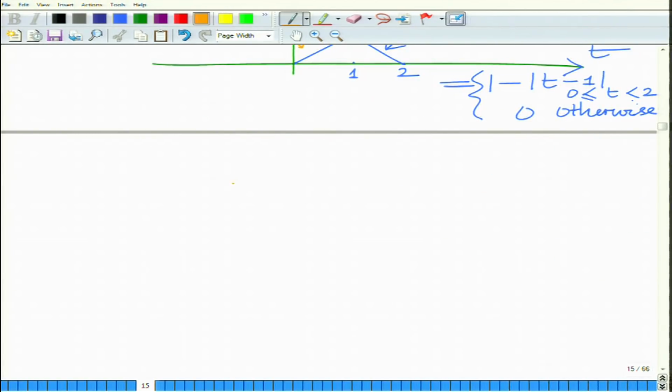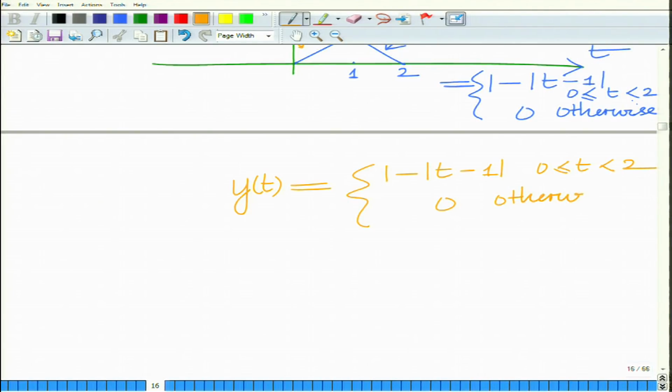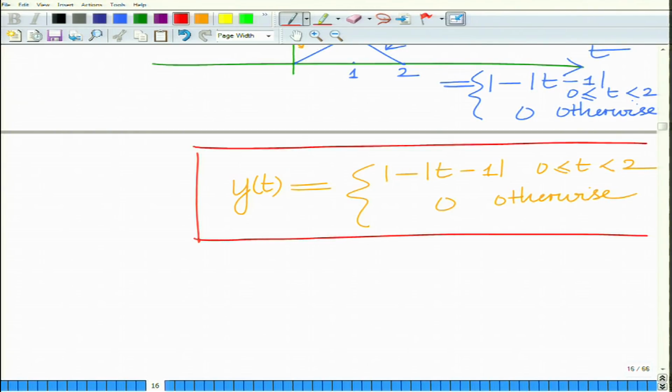Let me just write it over here once again. This is 1 minus magnitude t minus 1, 0 less than or equal to t less than 2, and this is 0 otherwise.